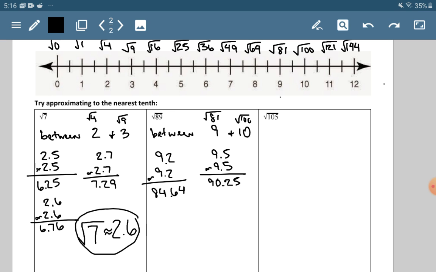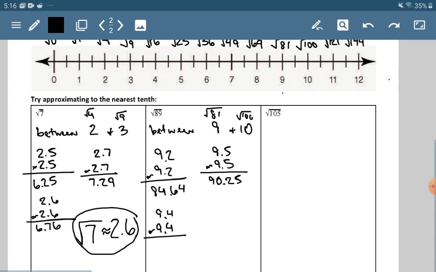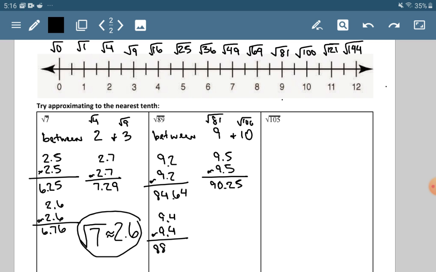So I'm going to back it off a little bit, go a little bit smaller, and I'm going to try 9.4. If this is still too big, I'll try 9.3, but it might work. So 9.4 times 9.4, if you were to work all this math out, you would get 88.36. That is as close as we can get going to the 10th place without going over.